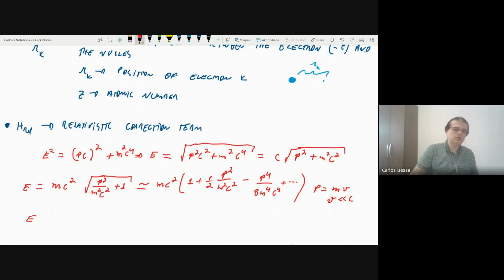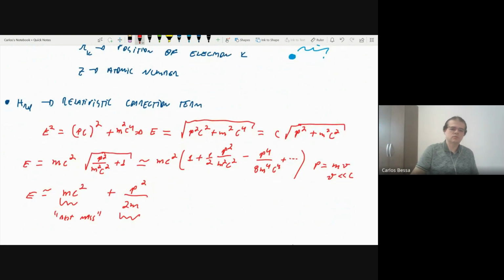So the energy is mc squared, the famous rest mass equation of special relativity, the rest mass of the electron, plus the kinetic term p squared over 2m, plus this relativistic correction, minus p to the 4th over 8 m cubed c squared.